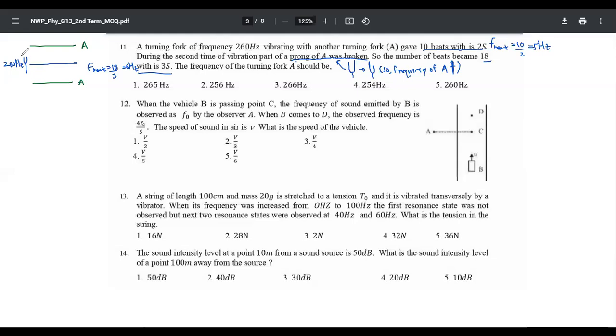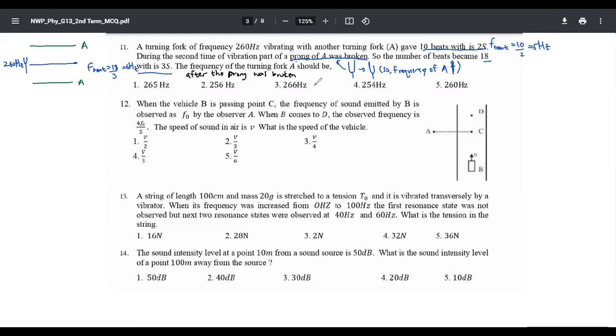So I just improvise. Can you tell me the answer now? I'll change the question: the frequency of tuning fork A after the prong was broken. Now tell me the answer.